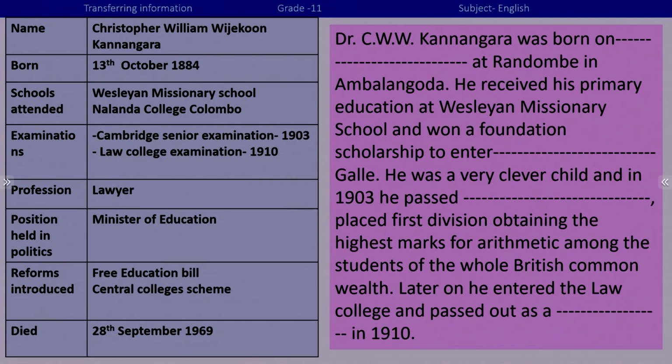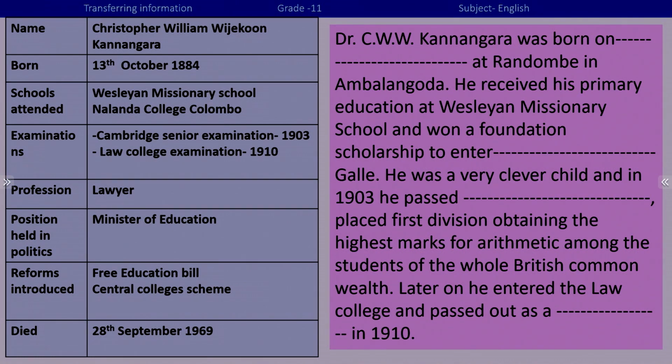Dr. CWW Kannangara was born on... then you can easily catch the answer, maybe the same word appears in that table. So, it is very easy. Born on, now you can guess the answer, at Randombe in Ambalangoda. So, you better read up to this place, then you can get a clear idea about the sentence. You can use this skill in other questions as well.